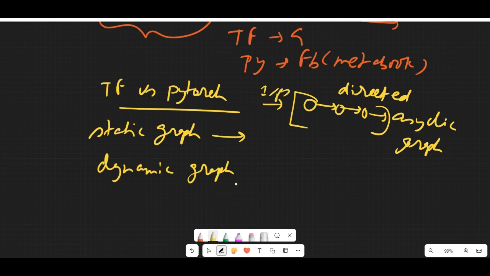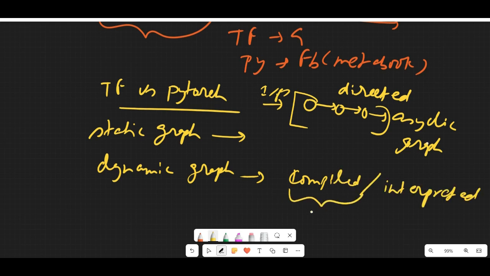Whereas in dynamic graphs, what happens? The computation will start on the go. It is similar to the difference between compiled languages and interpreted languages. Compiled languages like C++ and Java, their code first compiles and then later on it runs.